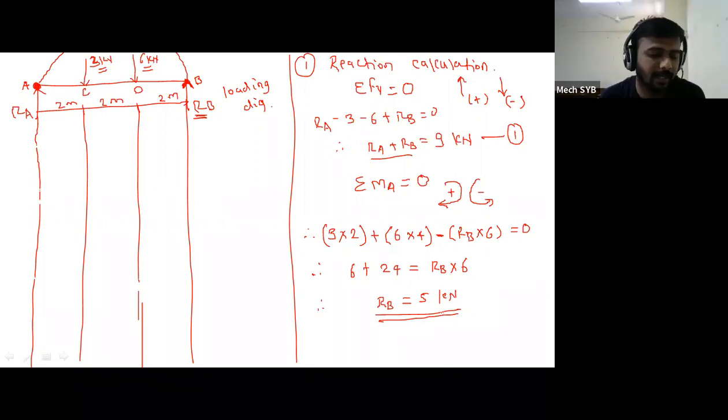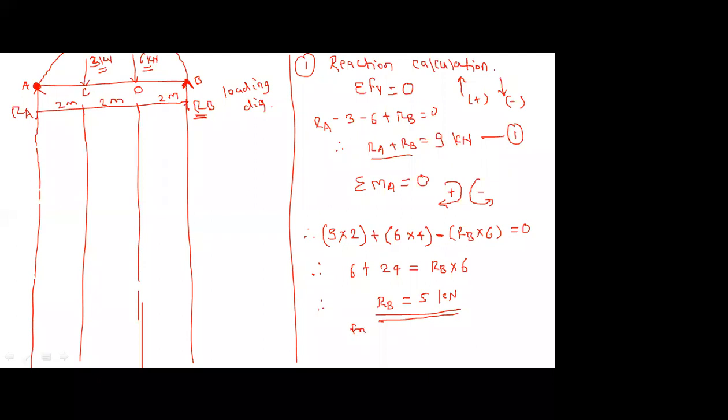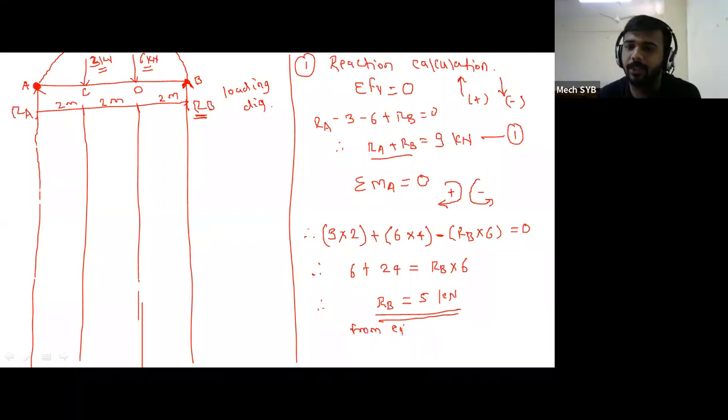Now how to calculate RA? From equation 1, put the value: RA plus 5 kilonewton is equal to 9 kilonewton.